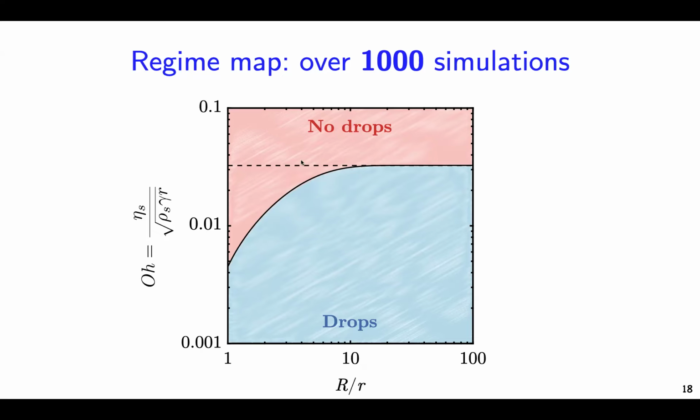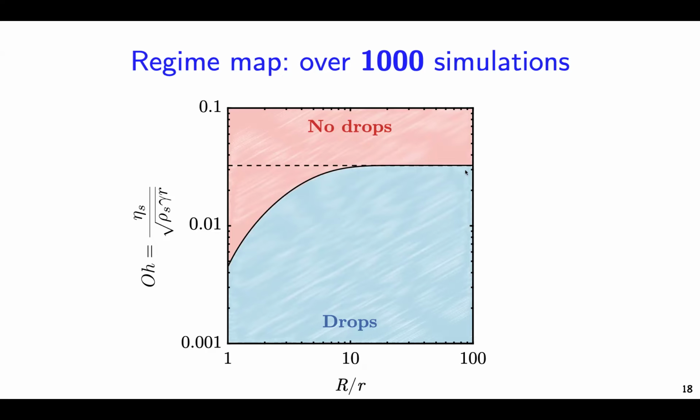As you can see over here, we have some cases where there are no droplets, and those are the cases with large viscosities, or the cases which have radius ratios close to 1. Those are in this pink region over here. And then we have, of course, the droplets that are generated, in the blue region over here, which are for small enough viscosities and for several ranges of radius ratios.